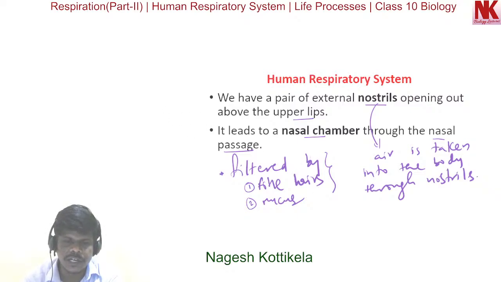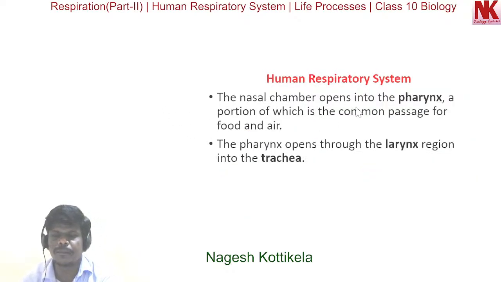Now, continuation of this, the nasal chamber opens into the pharynx, a portion of which is the common passage for the food and air. So pharynx is a common passage for both food and air. Here the pharynx opens through the larynx region into the trachea.